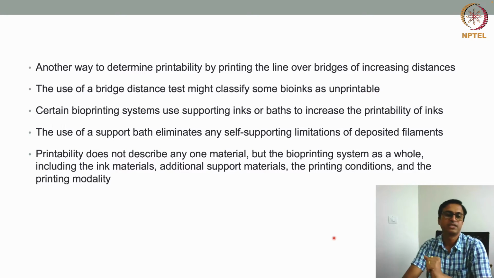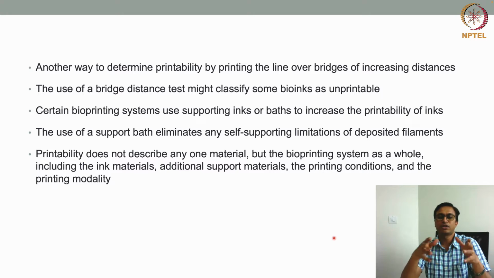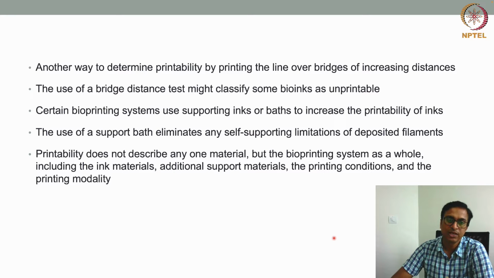That means we cannot use that ink for long bridges. When the structure has long gaps or long pores, that ink cannot fulfill that requirement. So this is another way to determine printability.